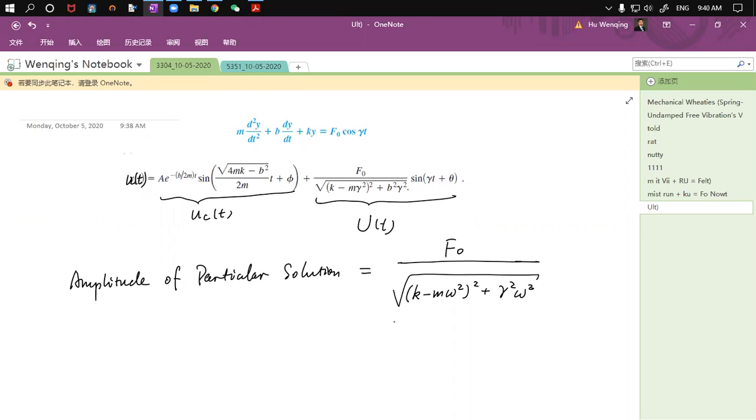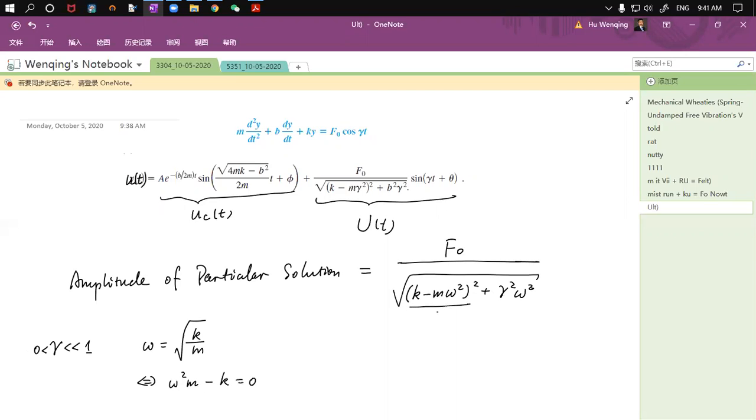As long as you have this, you can see that the amplitude of this particular solution has such a denominator. Now let us consider the scenario when gamma is very small. If gamma is very small, and omega is equal to the square root of k over m, then this simply means that omega squared times m minus k is 0.